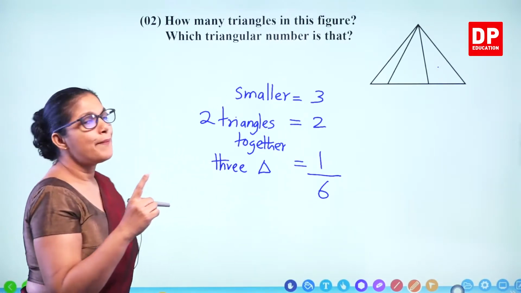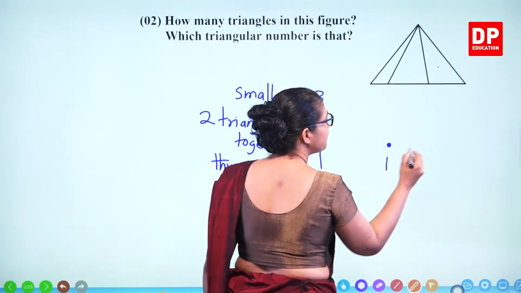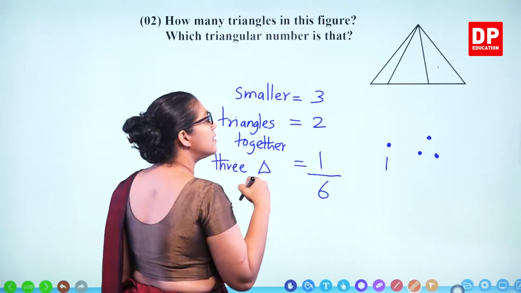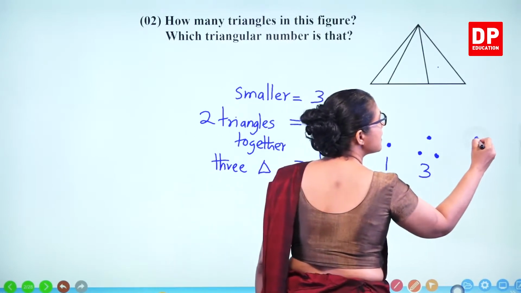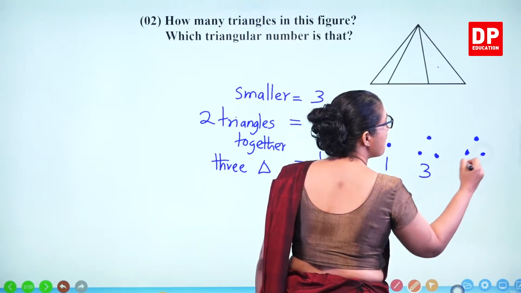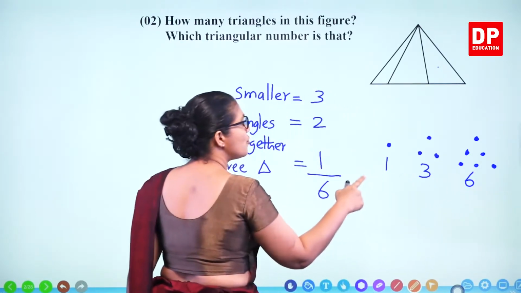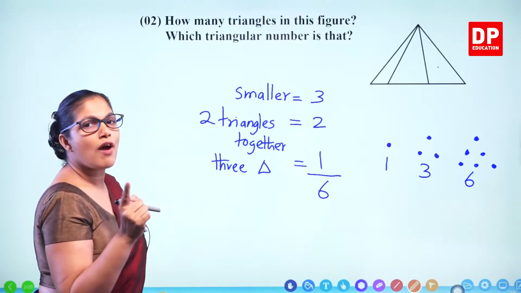Which triangular number is that? What are triangular numbers? Starting from 1, then you get 3. That's the second triangular number. What's the third triangular number? You are adding another 3 to that. 6. So you get 6 as the third triangular number.